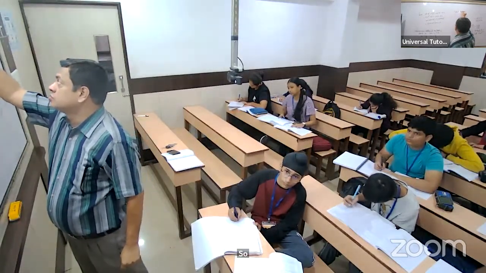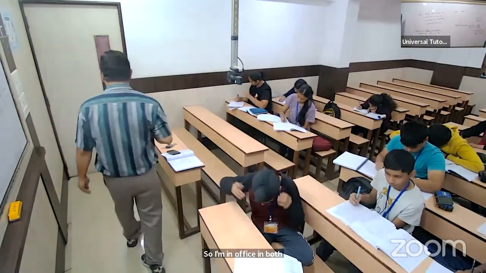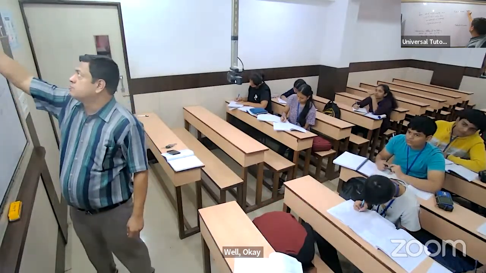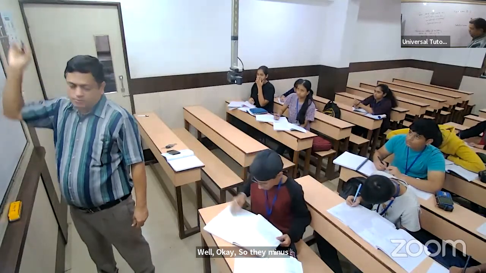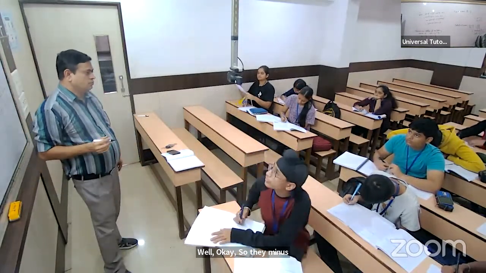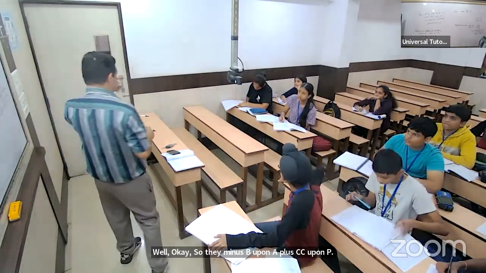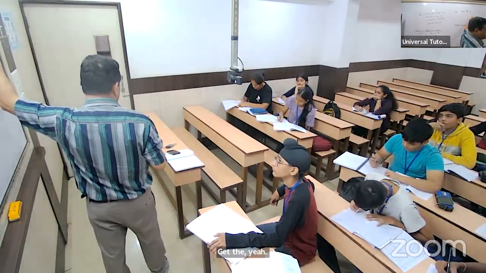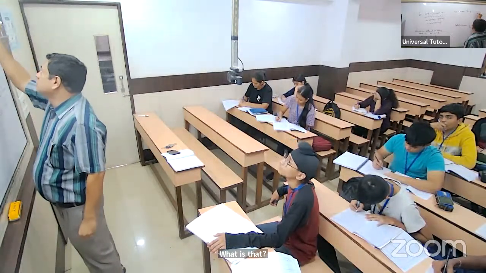Sum of zeros equals minus b upon a plus c upon b. Here we take the LCM. What is LCM? Denominator ab.